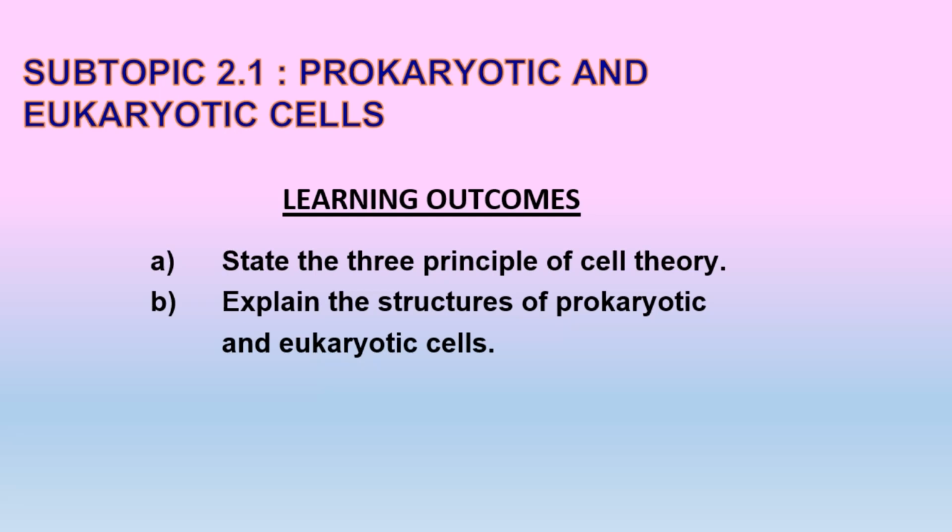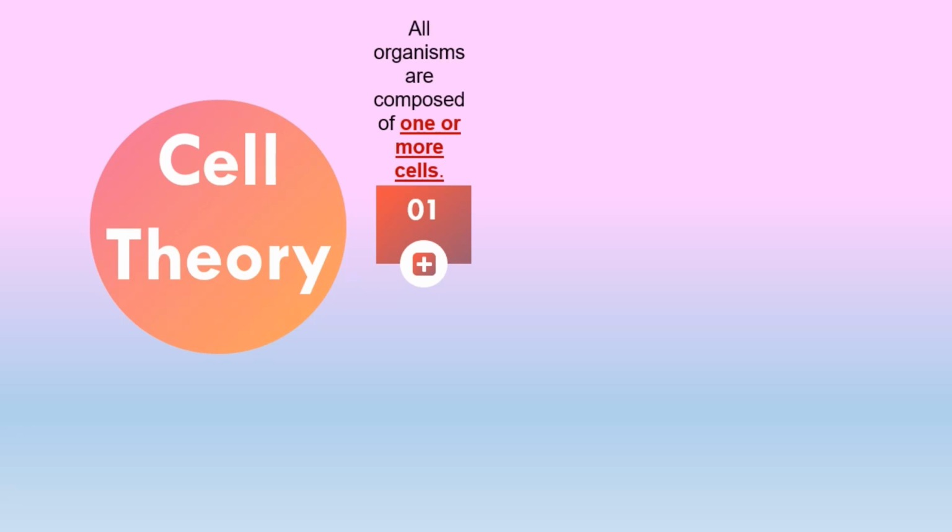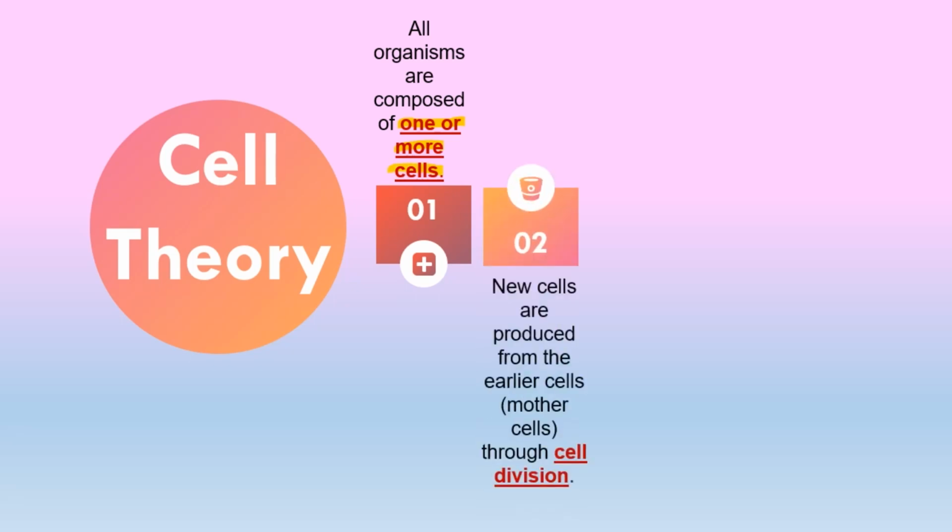For learning outcome 2.1, students should be able to state the principles of cell theory. Number 1, all organisms are composed of one or more cells. Number 2, new cells are produced from the earlier cell through cell division.